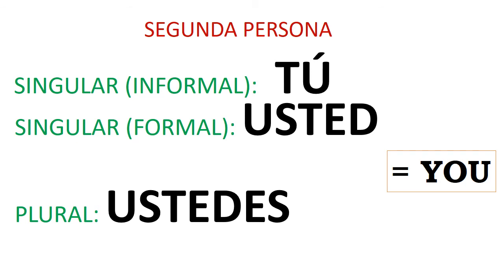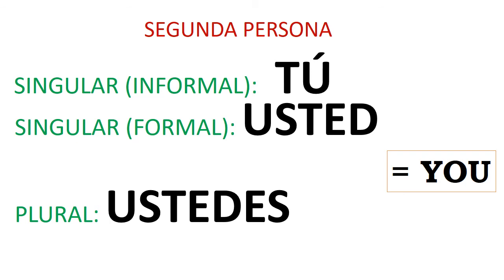Singular informal, tú. Now, what happens if you want to talk to a person who is older than you or someone you don't know? For example, a waiter, or a manager, or in a hotel. You use the singular formal form, that is usted. Usted.